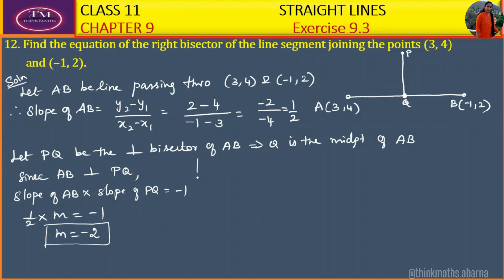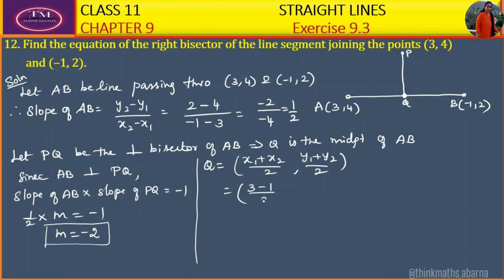Okay. Now let us find out the point Q. So Q is the midpoint of AB. What is the midpoint formula? Add the x coordinates, divide by 2. Add the y coordinates, divide by 2. So what are the x coordinates? 3 and minus 1. So 3 minus 1 divided by 2. What are the y coordinates? 4 and 2.